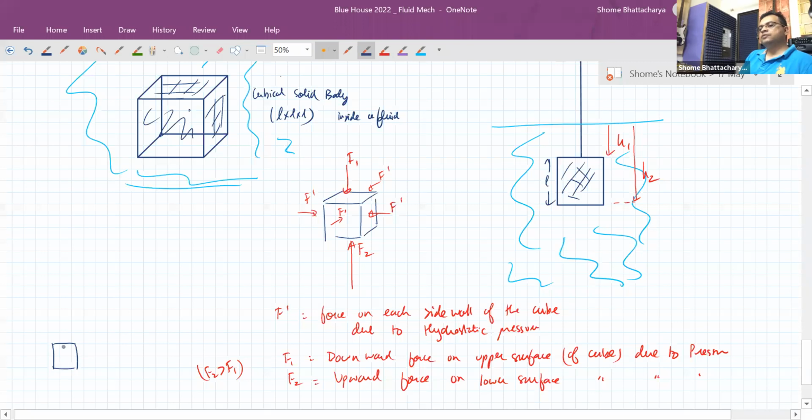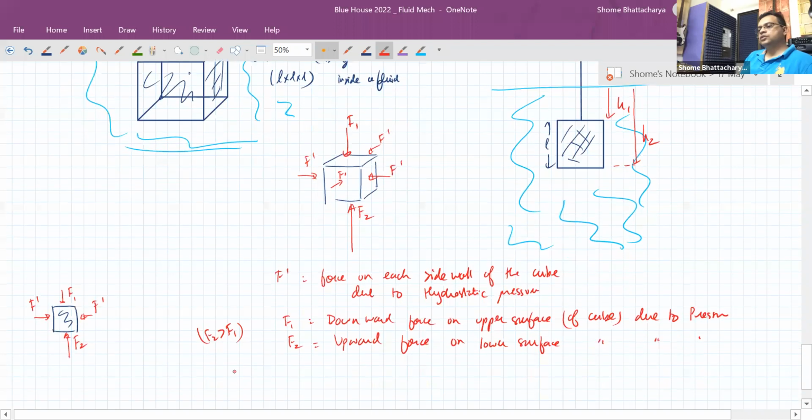If we look at the side view diagram only, we can see that two of these horizontal forces, F prime and F prime, cancel each other. The other two also cancel each other, but these two forces do not cancel. So the net force that the liquid applies is F2 minus F1, and that is equal to what we call the upthrust or buoyant force.